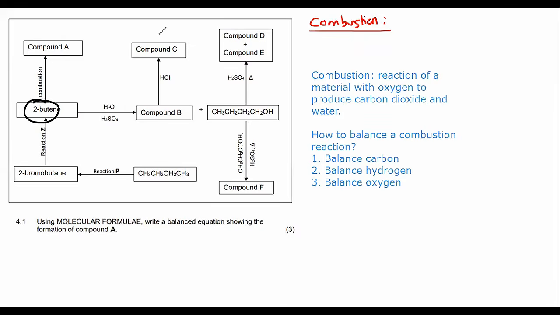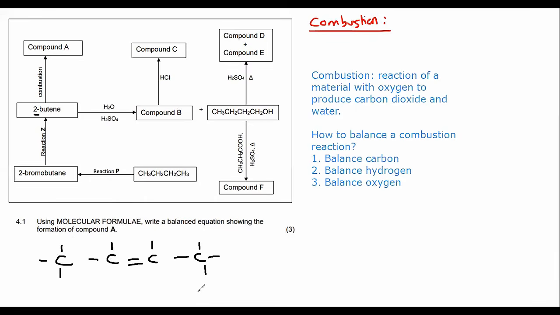So we need to know what 2-butene looks like. 2-butene is an alkene molecule with 4 carbons. And on carbon number 2, there is a double bond like that. So that is what butene looks like. And then, of course, it's got all of these hydrogens around it.